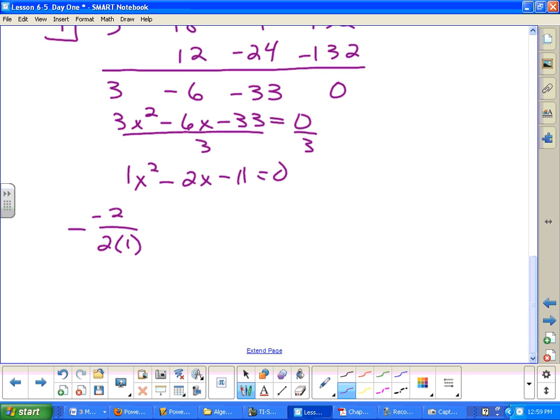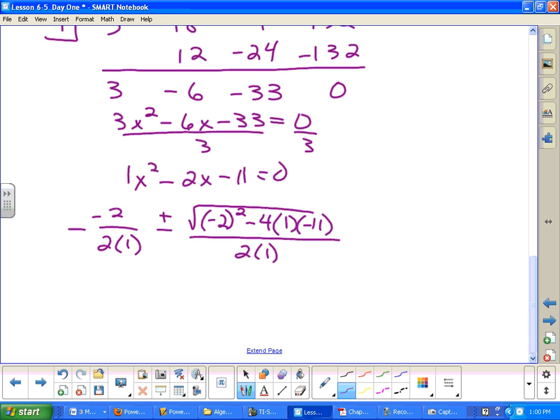I don't make it one single fraction. I do 2 fractions. It's easier to simplify that way. Plus or minus the square root of B squared. Make sure if it's negative that you put it in parentheses, because we need to get a positive number. Minus 4 times A times C. And that's divided by 2 times A.